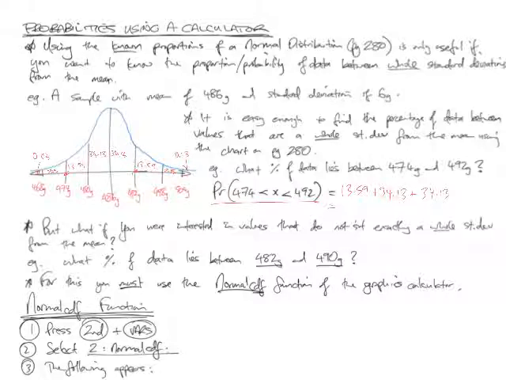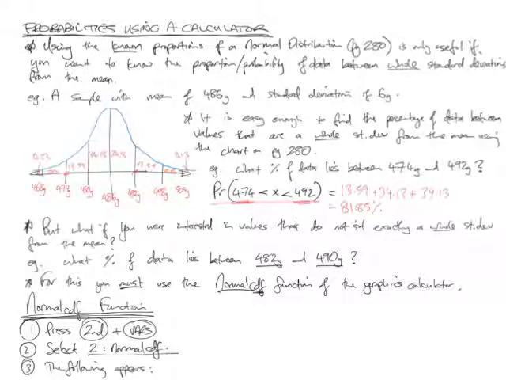You would have just added those all up because conveniently these two numbers are whole standard deviations away from the mean. 13.59 plus 34.13 plus 34.13 again. So that's telling me 81.85% of the data is going to lie in this space here, from that line to that line, which makes sense. That's the majority of the normal distribution curve.